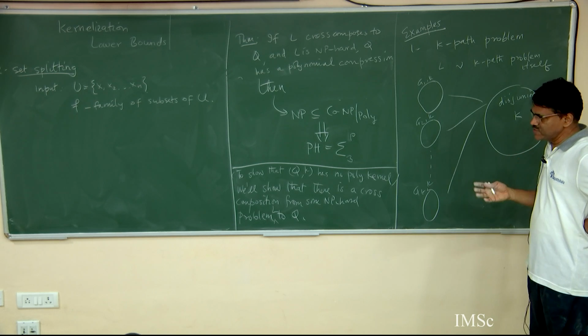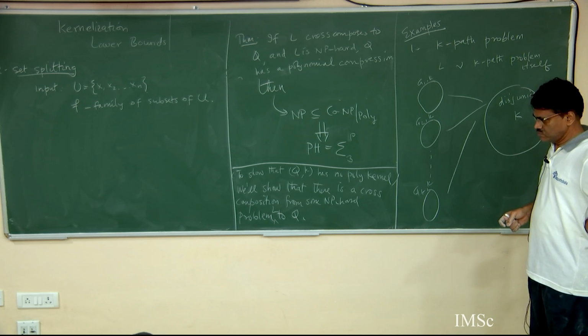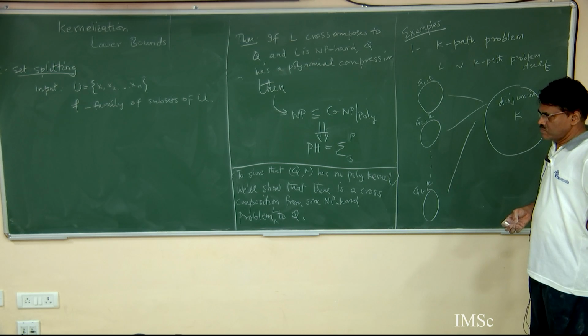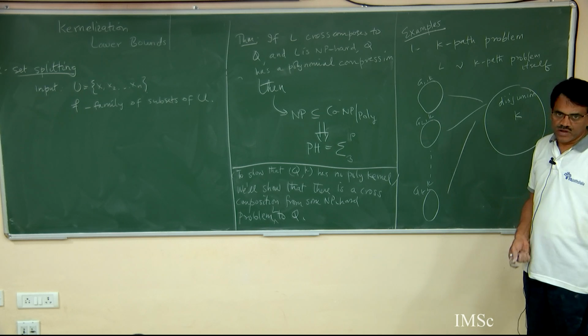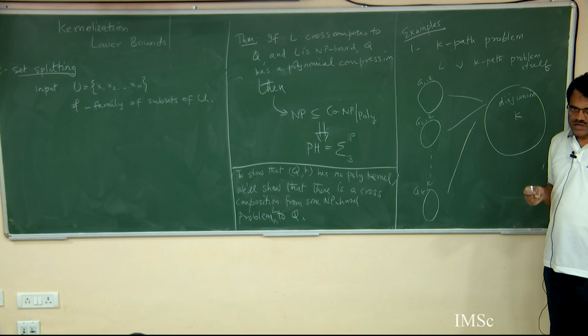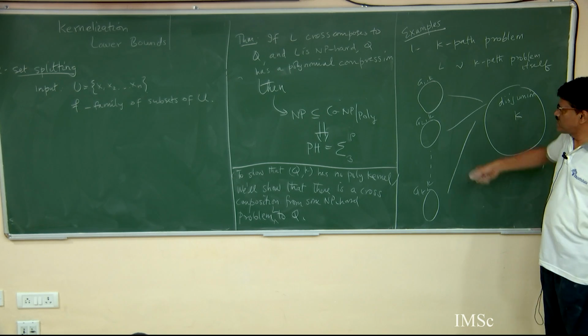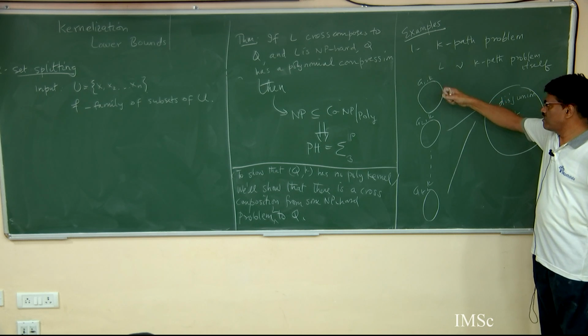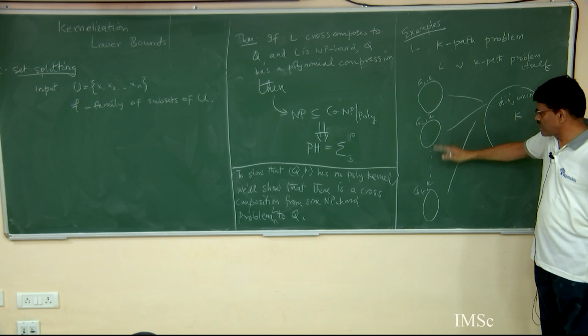Because for example, let us say something like vertex cover. What happens if I do this disjoint union? It has to be the sum, because I say there is this graph, there is a k, and I am looking at this.